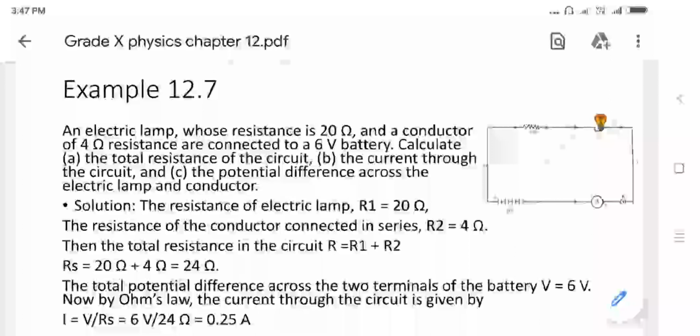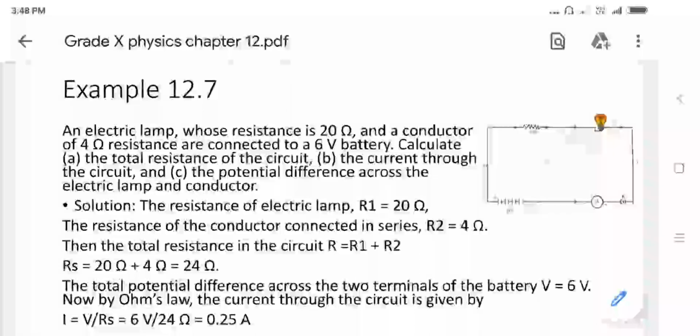Now the second question is the current through the circuit. So now we need to determine the current. In series, current remains the same. Here we are going to apply Ohm's law. Ohm's law is V equals IR. Here we need to calculate current, so make I the subject of the formula: I equals V by R. R would be the total series equivalent resistance which we calculated in the first point.